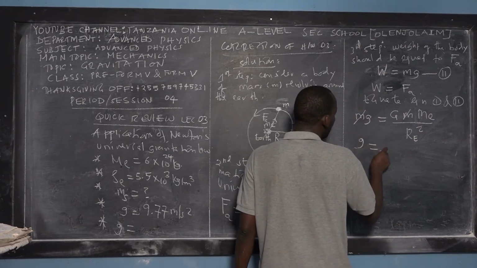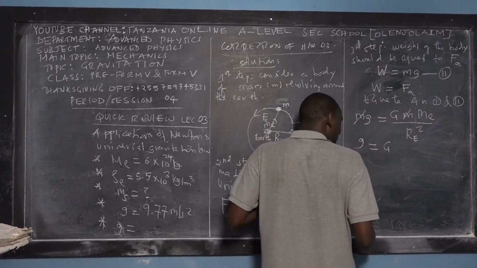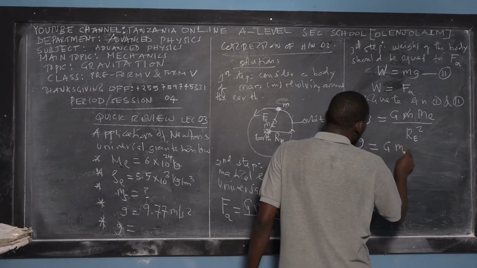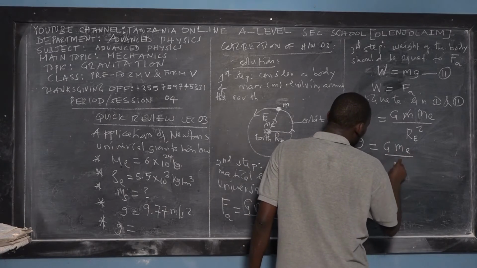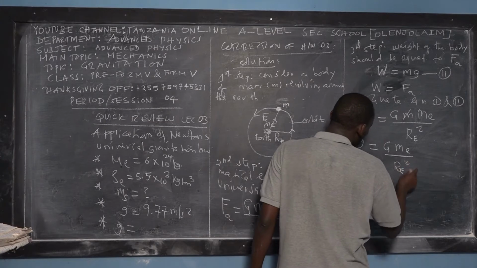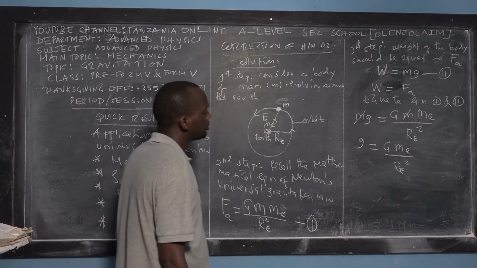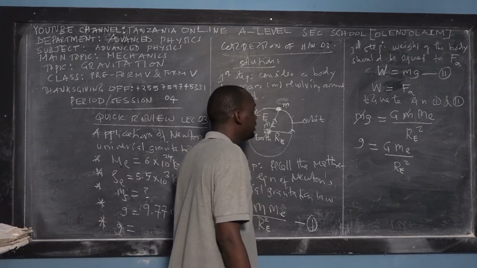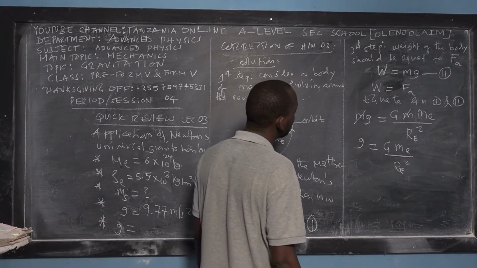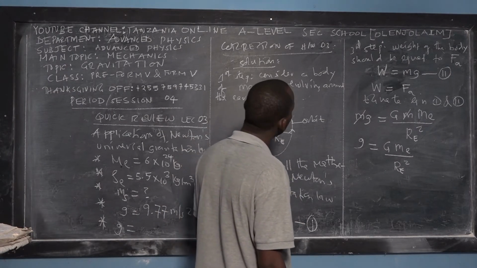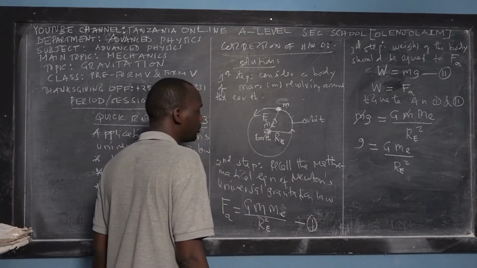So we have gravity equal to the universal gravitational constant times the mass of the S over the radius of the S squared. Okay. So that's the expression for gravity.